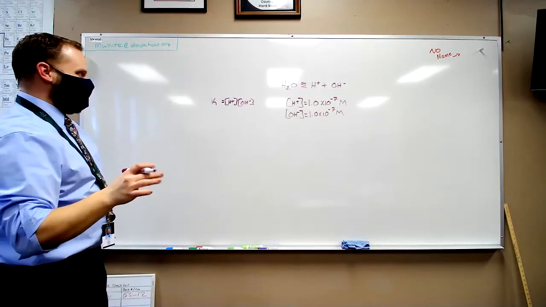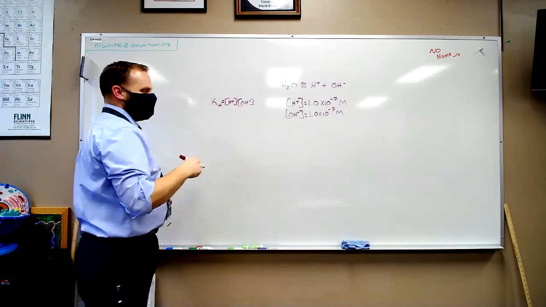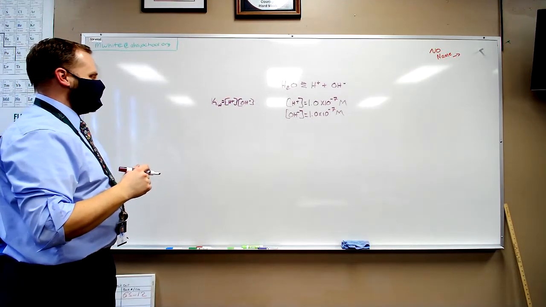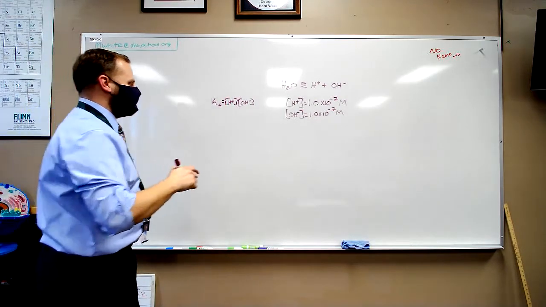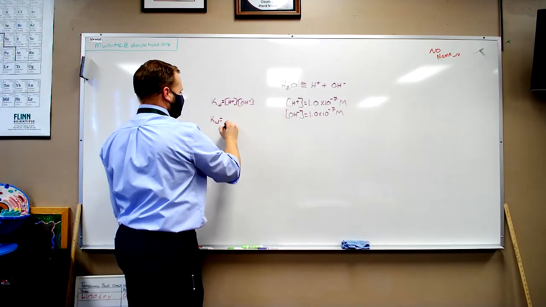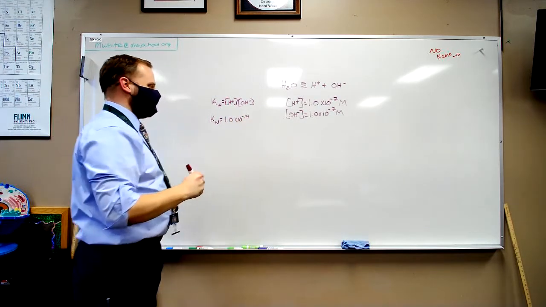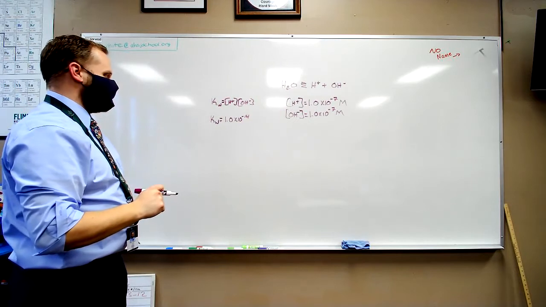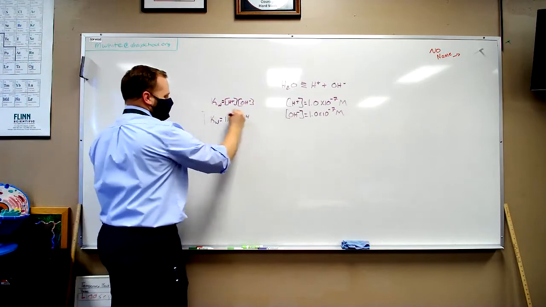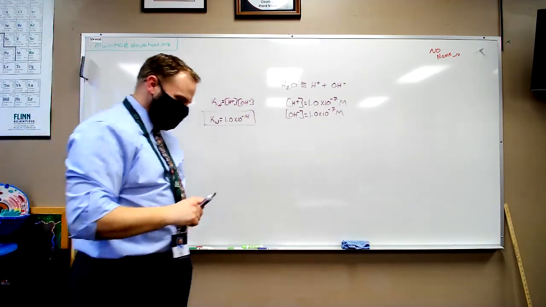Now this is a special one. We call it the KW. W for water. And using these, we can establish that KW is 1.0 times 10 to the minus 14. So this right here is actually an important number. We're going to use that quite a bit in this chapter.